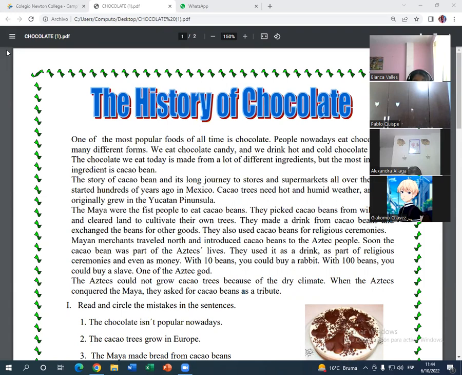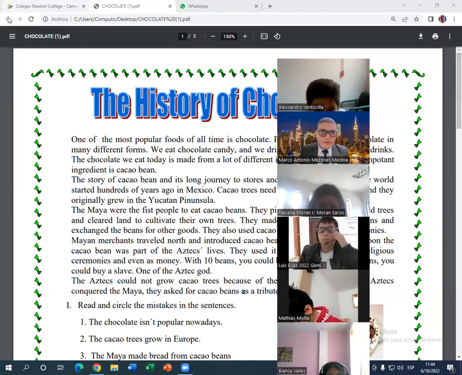Soon the cacao bean was part of the Aztecs' life. They used it as a drink, as part of religious ceremonies, and even as money. With 10 beans, you could buy a rabbit. One of the Aztec goods.